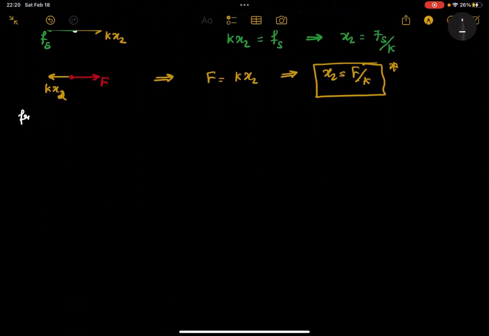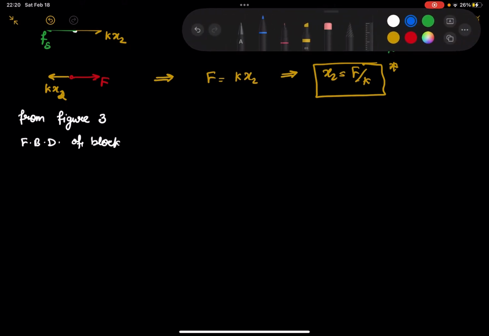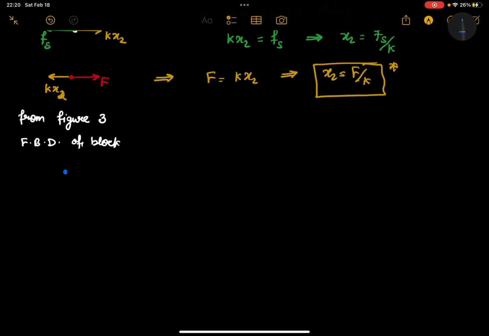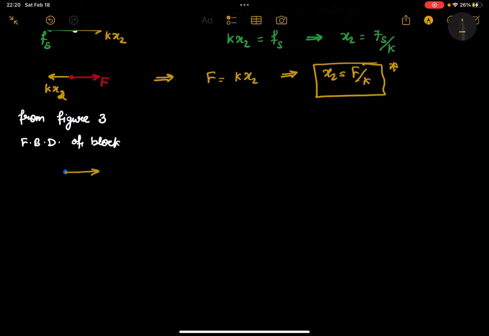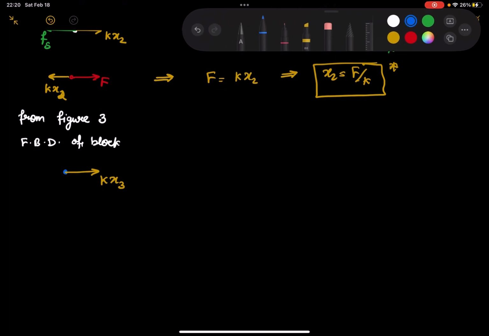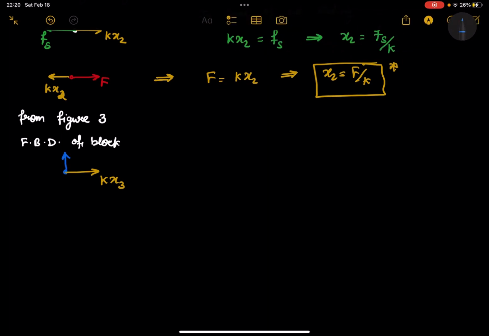So from figure 3, the free body diagram of the block. There is a block. One force is acting in this direction, that is kx3. Normal is in the upward direction, and mg is in the downward direction.